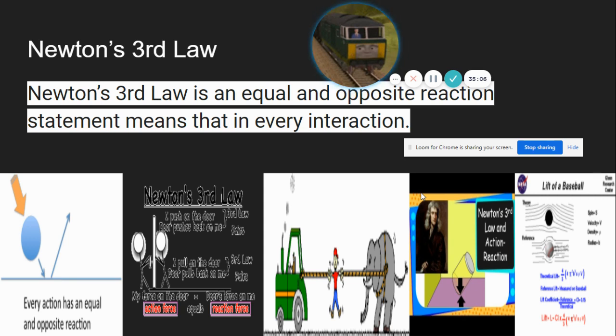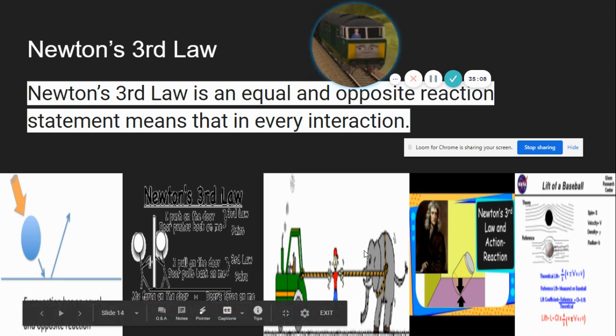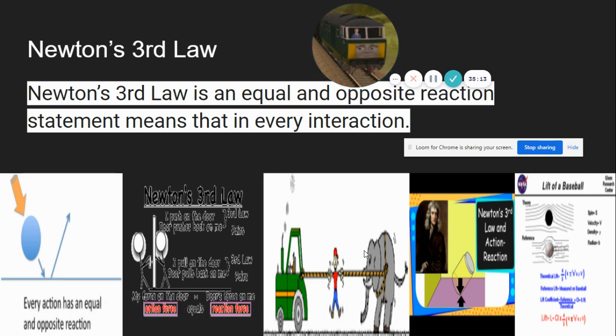So the second picture represents Newton's third law: I push on the door, and the door pushes back on me. If a family member wants to talk to you about something important while you're mad, and your mom is pushing your door and you're not letting her in, that's Newton's third law.